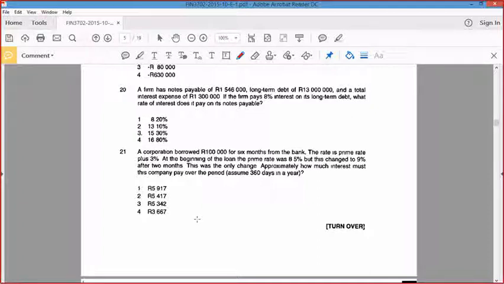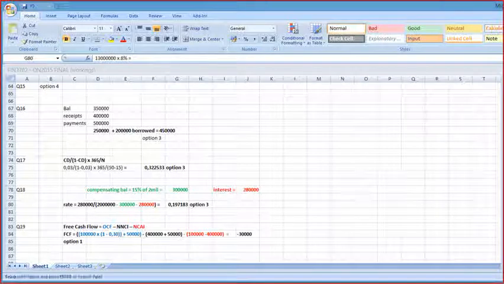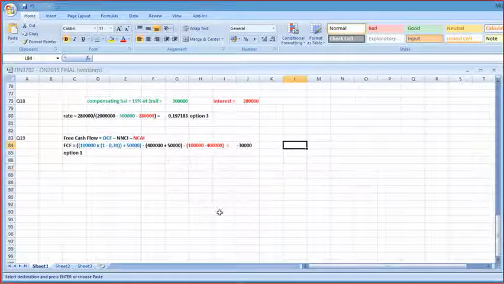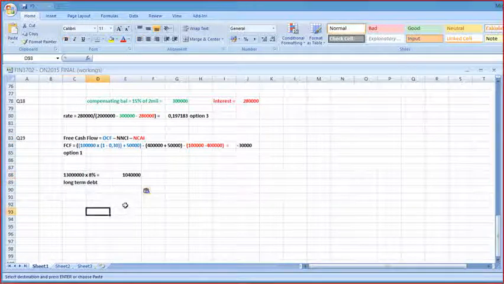It's 1,040,000. Yeah. Okay, so that's the amount of interest you're paying on the long-term debt.